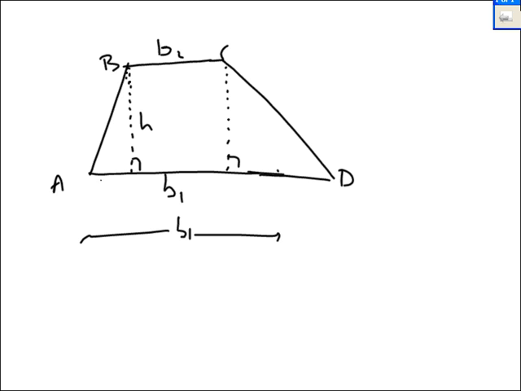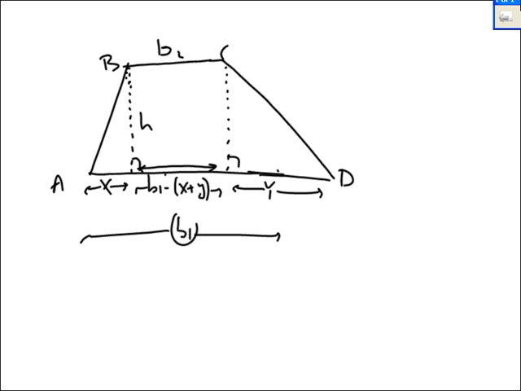Suppose I call this length X, and this length Y. What's left in the middle, the whole length used to be B1, but I just took away X and Y. That's the length of this right here. It's B1 minus X plus Y.